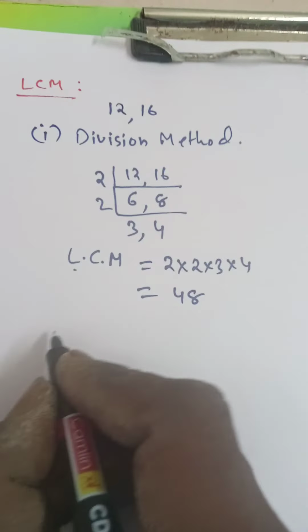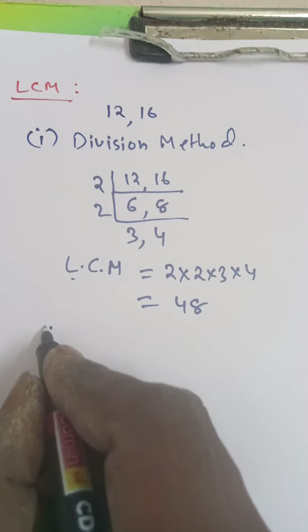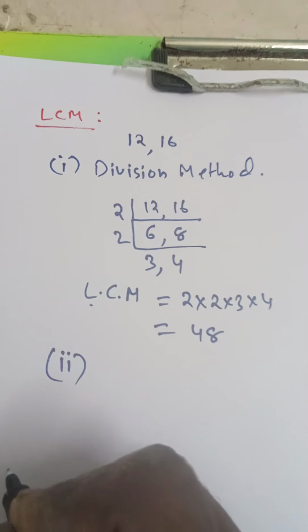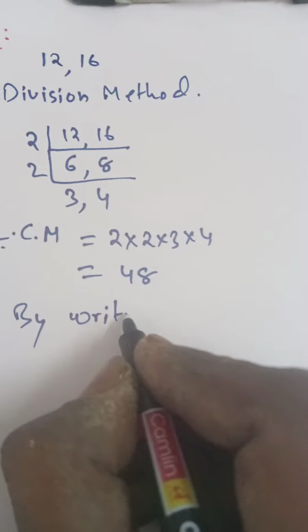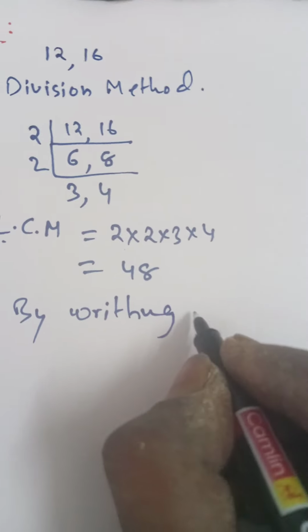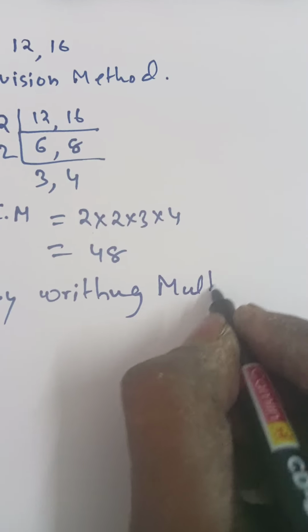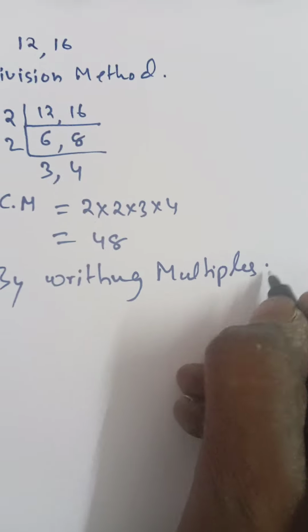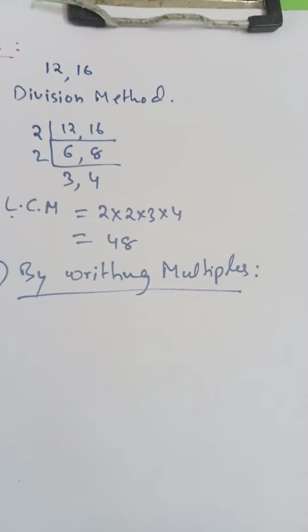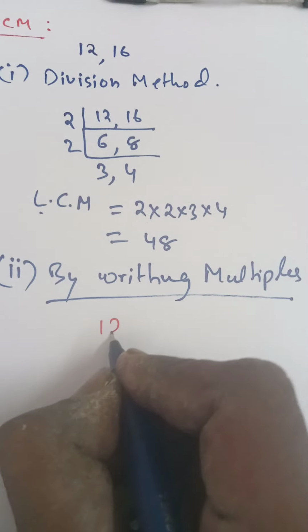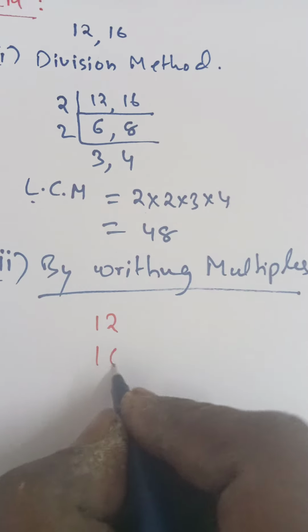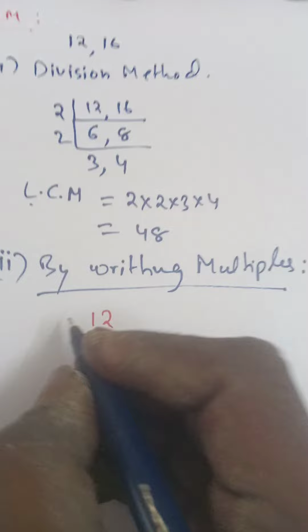Now I want to find the LCM of both these numbers by another method. So let us discuss the other method, writing the multiples. In this method, what do we do? First, we take both the numbers 12 and 16 and try to write all their multiples.